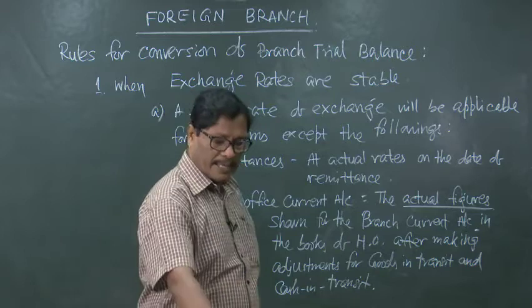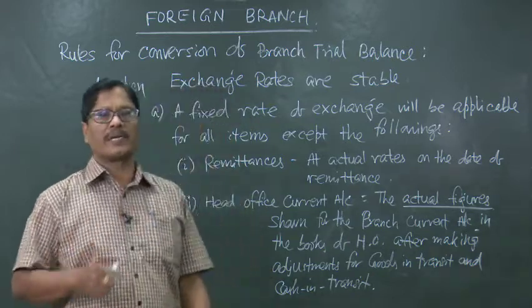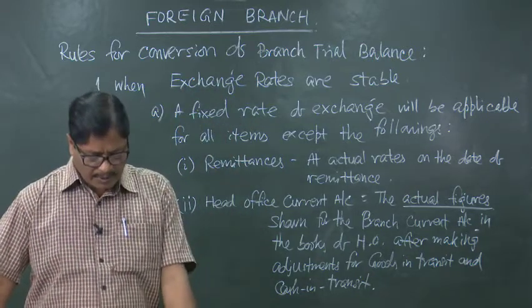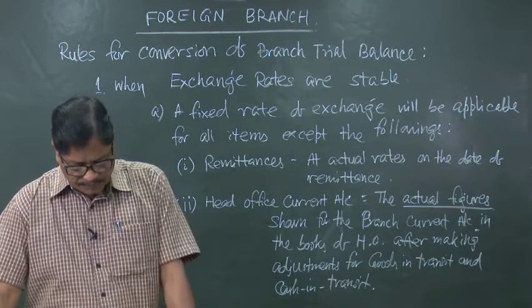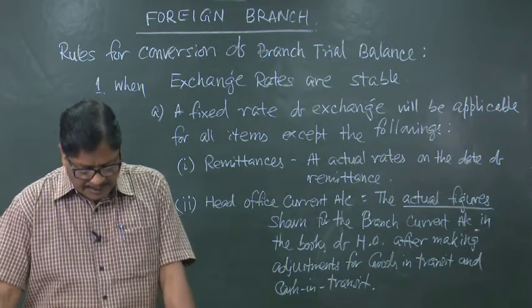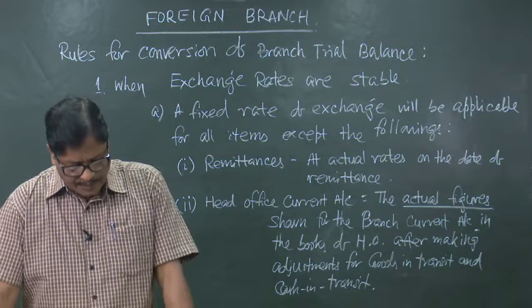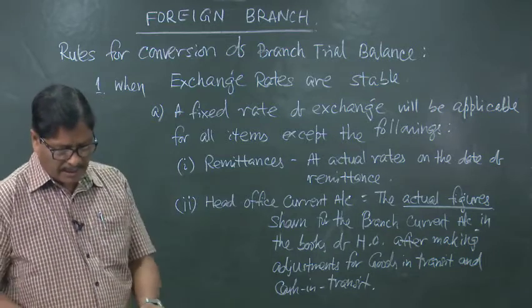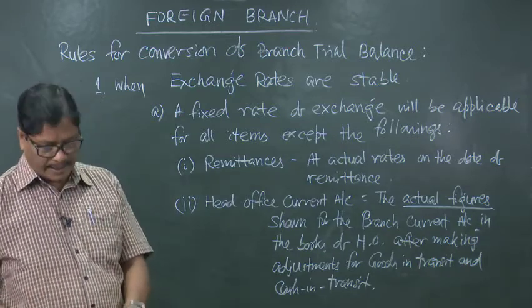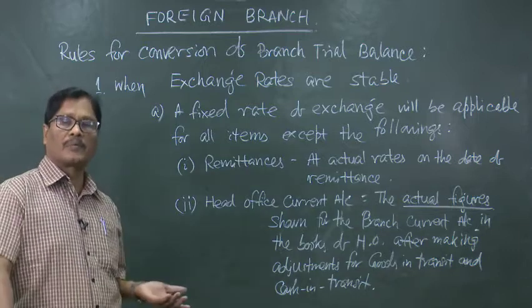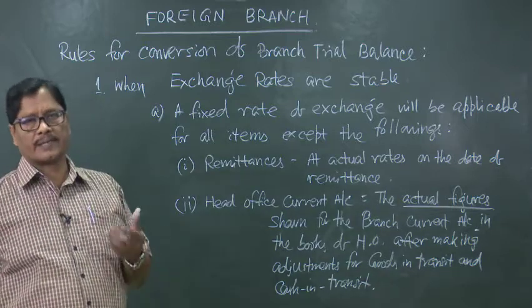Now, when exchange rates are not stable, so many times it fluctuates, what do we have to do? When exchange rates are fluctuating, then we can go for a series of exchange rates. For different types of items, there will be different exchange rates.